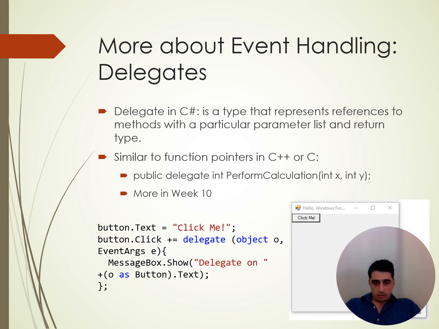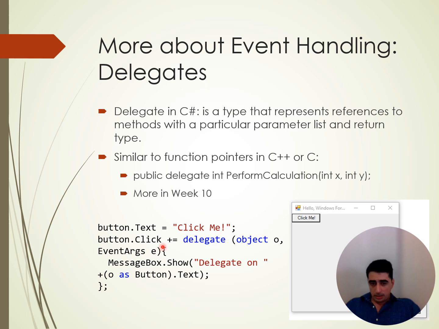Now, instead of creating a new event handler, we can use a special syntax in C# to create a delegate, and then use the delegate to create an event handler for your event. In this case, we are going to create an event handler for the click event of the button object. So we say button.click plus equal, and instead of saying let's add a new event handler, we can simply say delegate in parentheses object o comma event args e. If you remember, that was basically the same signature as the method that we pass to the constructor of an event handler.